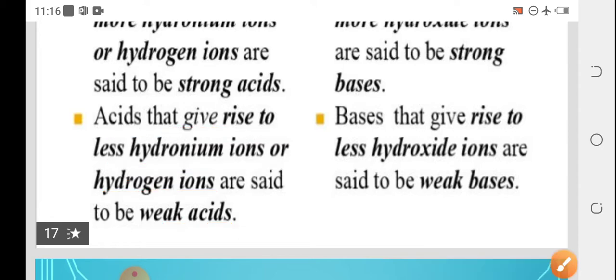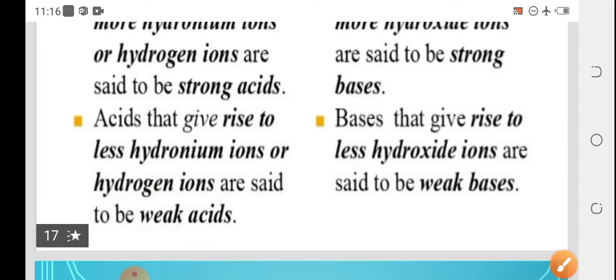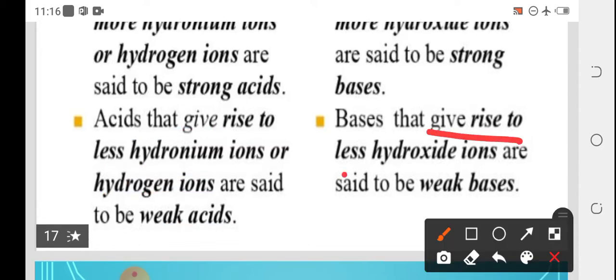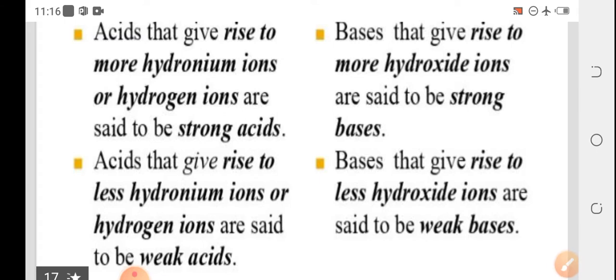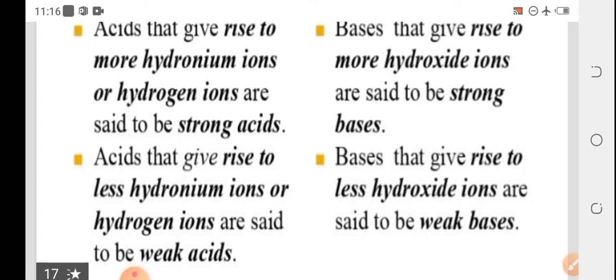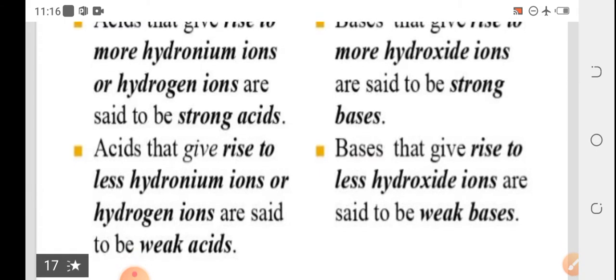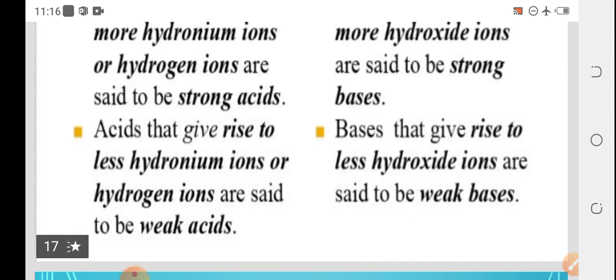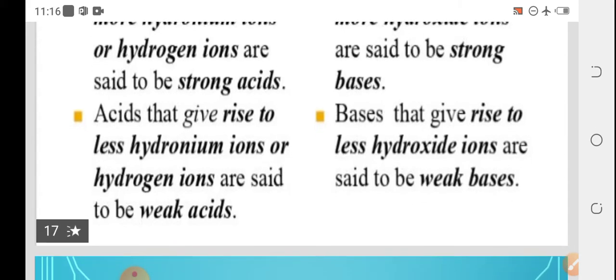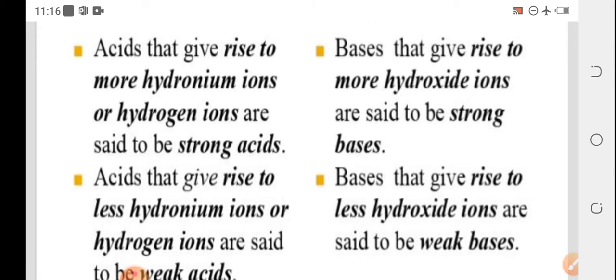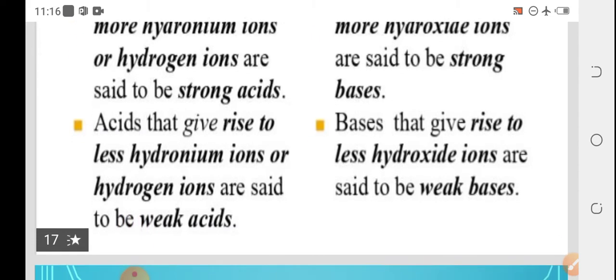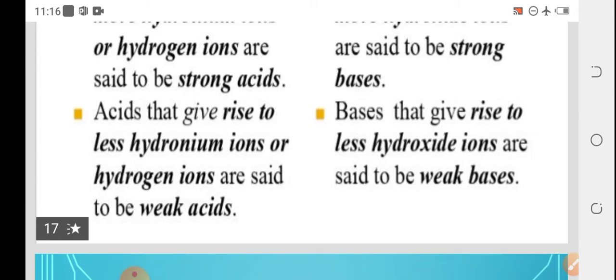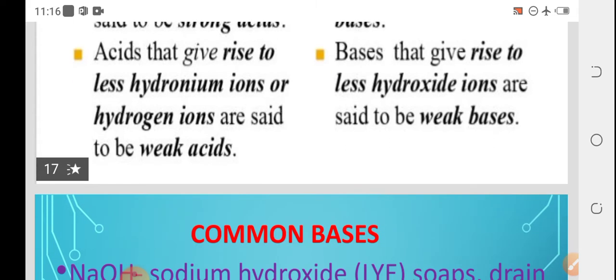Bases that give rise to fewer hydroxide ions are said to be weak bases. So which gives more hydronium ions is a strong acid, which gives fewer is a weak acid. Similarly, which gives more hydroxide ions is a strong base, and which gives fewer hydroxide ions is called a weak base.